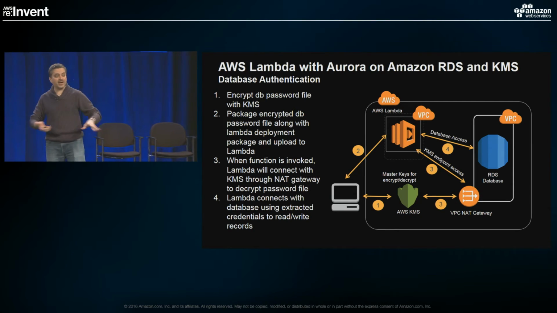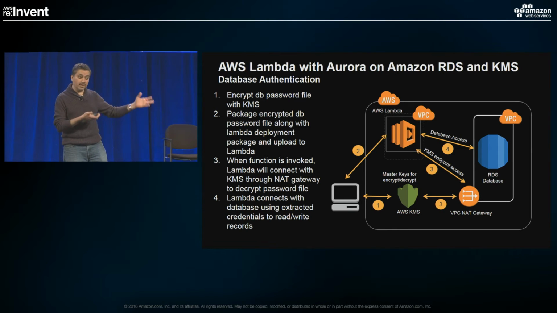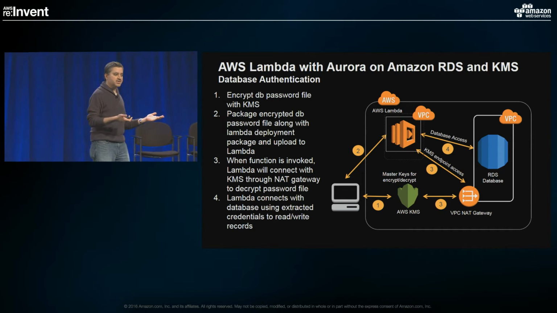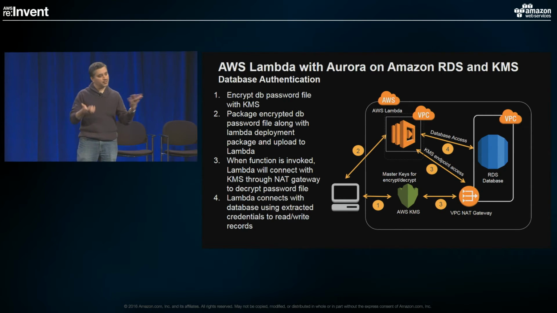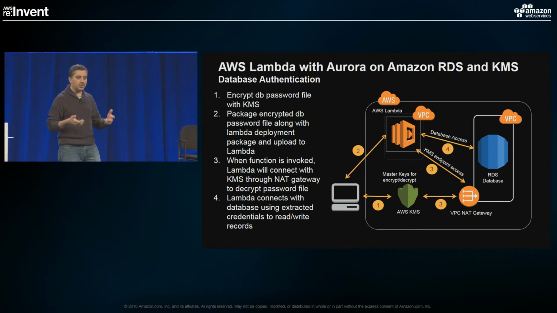You should never hard code your username and password in a Lambda function, right? We also today announced environment variable support, so you can do some of those, but always ensure that you don't hard code or put your password credential in the Lambda function package in a clear text file, right?